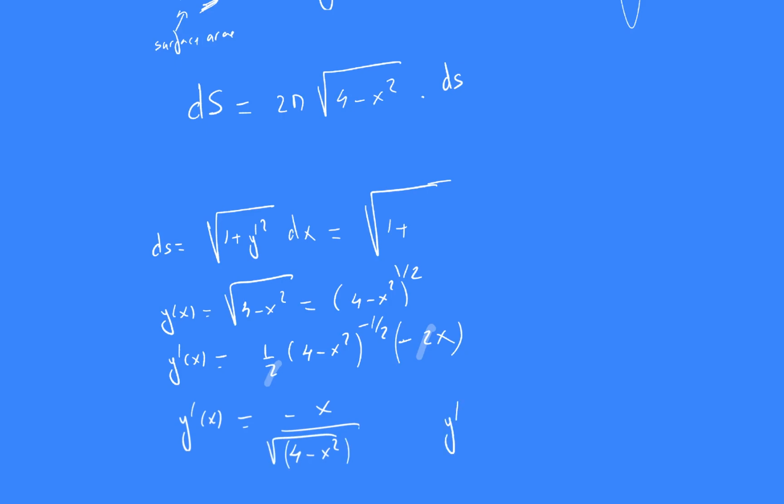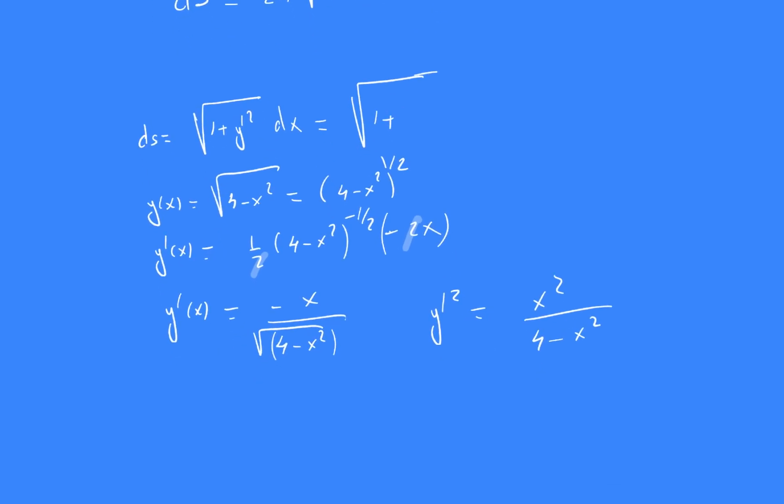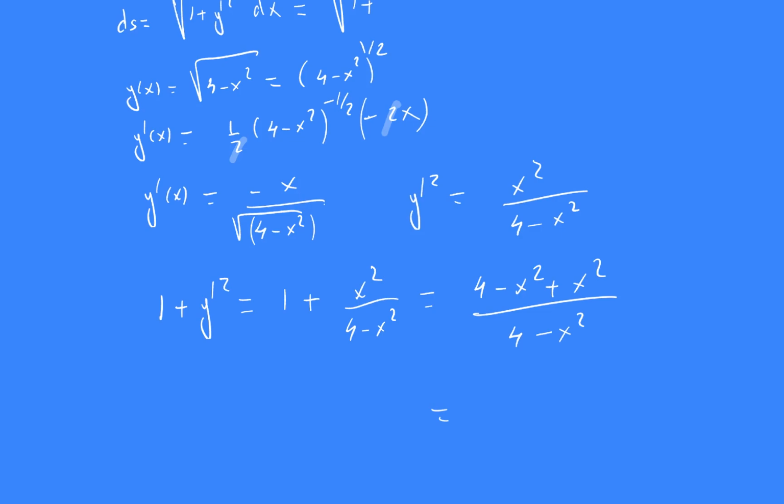So y prime of x squared will be x squared divided by 4 minus x squared. And the term that appears in the arc length is 1 plus y prime squared. So it would be 1 plus x squared divided by 4 minus x squared, or 4 minus x squared plus x squared divided by 4 minus x squared, or 4 divided by 4 minus x squared.